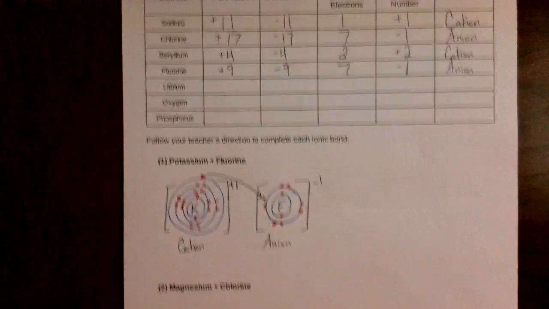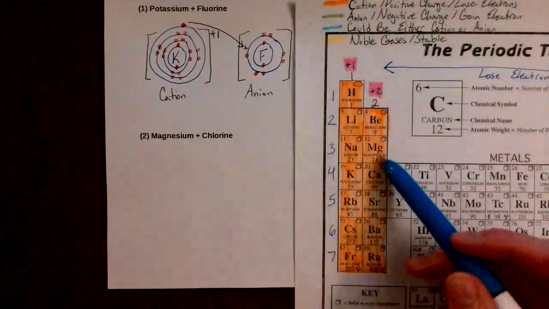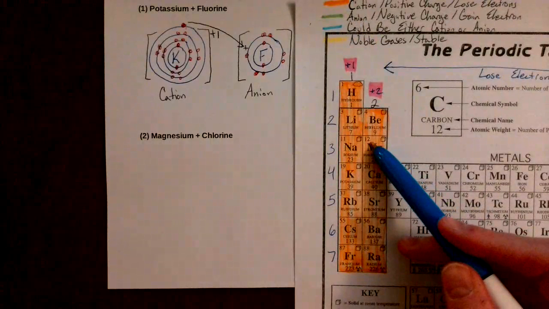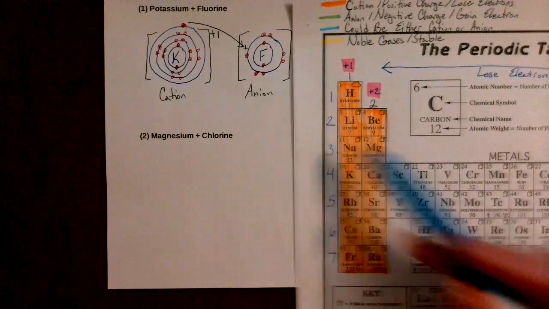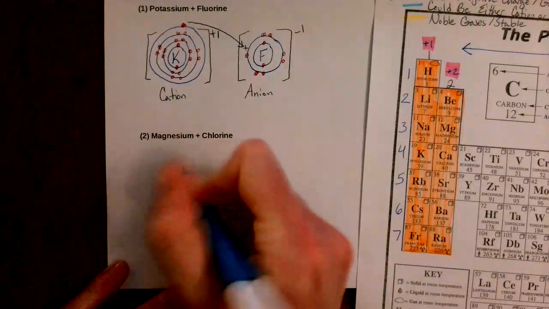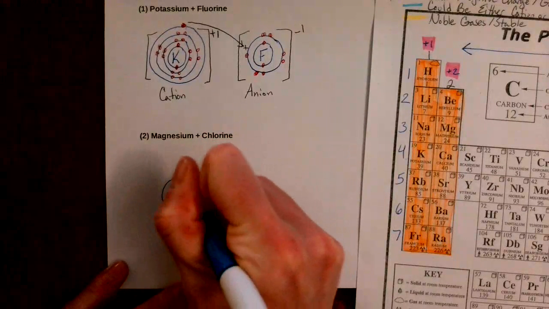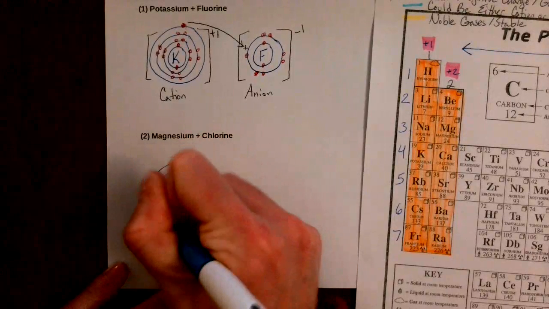So now let's look at the bottom here. Magnesium chloride, or chlorine. Okay, magnesium. All right, magnesium has the atomic number 12, so it's going to have 12 electrons. It's in period 3, so it's going to have 3 orbitals. So I'm going to draw my magnesium with the 3 orbitals: 1, 2, and 3.